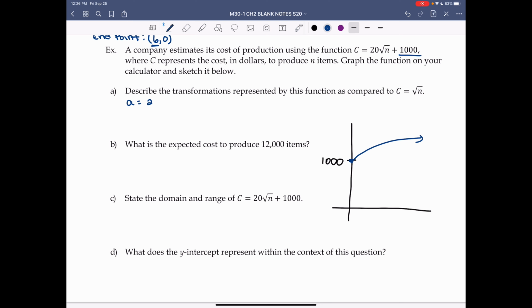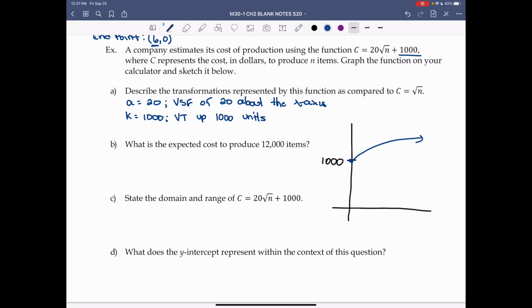A equals 20, which is a vertical stretch by a factor of 20 about the x-axis. And then k equals 1,000 because we have plus 1,000 outside the root, which is a vertical translation up 1,000 units.